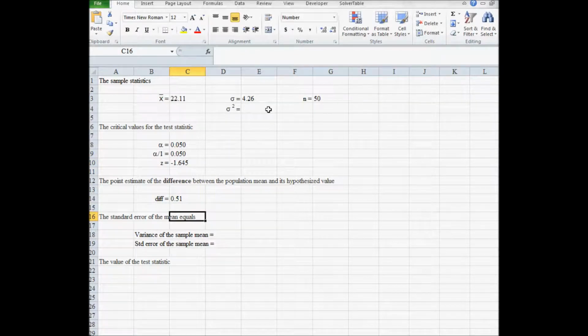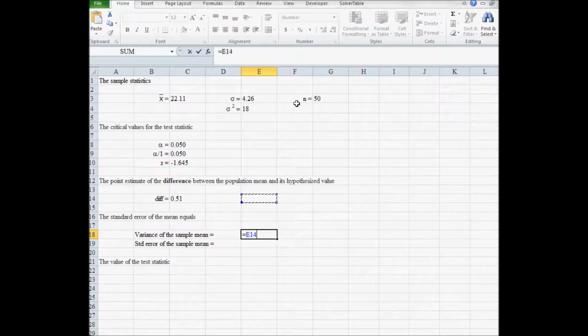Now the variance of the variable is just the square of the population standard deviation. The variance of the sample mean is going to be smaller than the variance of the variable because we take the variance of the variable and divide by the sample size.